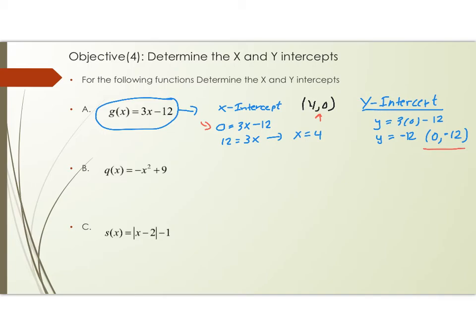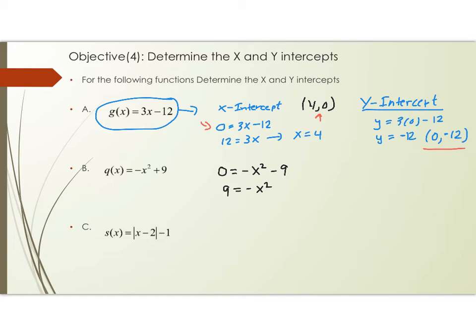So for our part B, for the x-intercept, we have 0 is equal to a negative x squared plus 9. We have 9 is equal to a minus x squared.